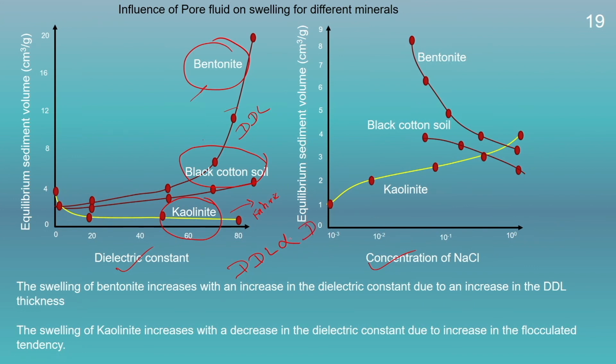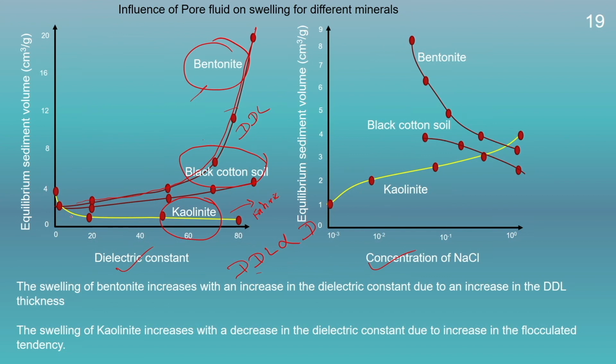The diffuse double layer thickness will have a direct correlation with the dielectric constant. As the diffuse double layer thickness increases, the swelling volume of this montmorillonite soil will also increase. Similarly, the black cotton soil, which also contains the mineral montmorillonite, will also have a higher value of swelling when the dielectric constant is higher.